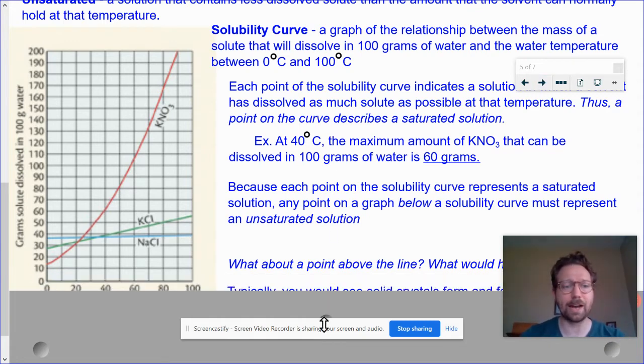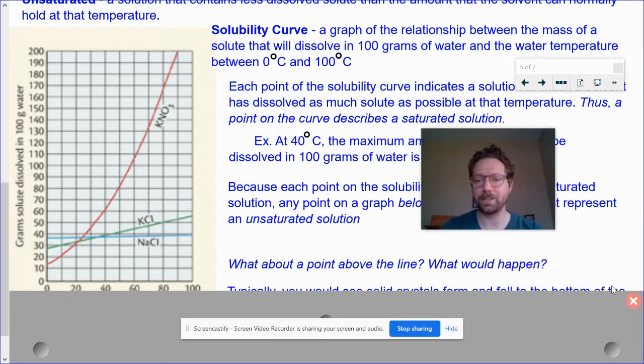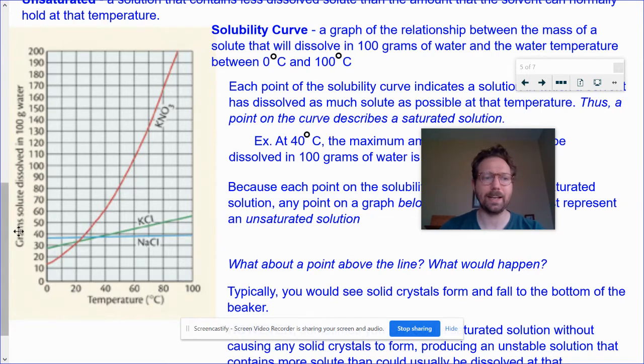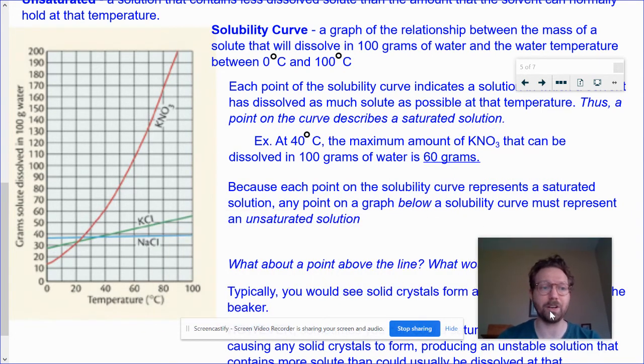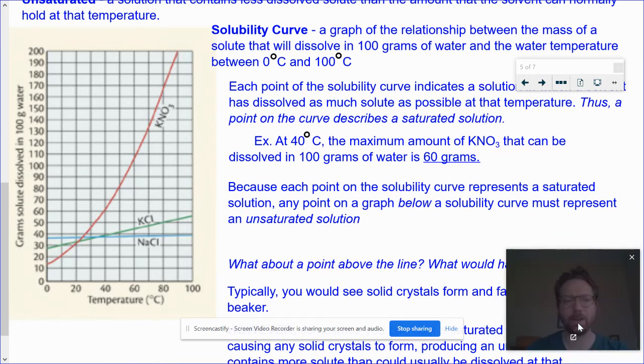As you can see in this graph here below, you have the temperature on the bottom x-axis, and you have the amount of grams of the solute dissolved in 100 grams of water. And what do you notice? What is the relationship? Well, for the three substances you have there, as temperature increases, the amount of solute that can dissolve in that solvent, water, can increase too.